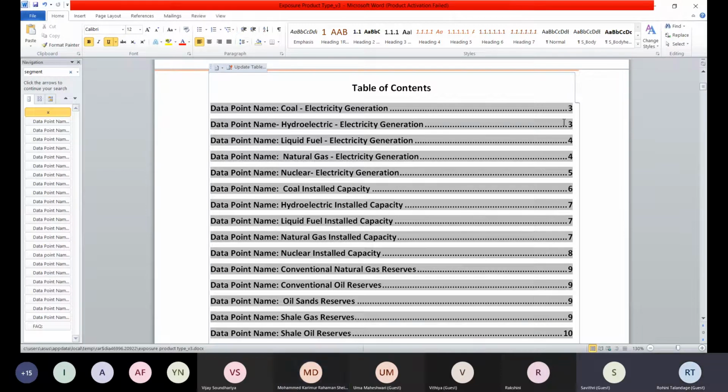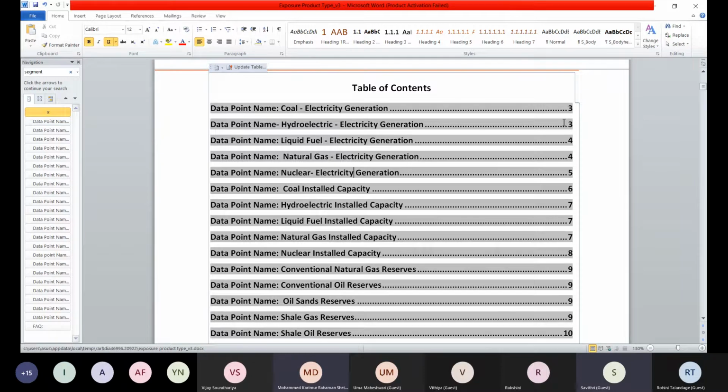This is the concept of this data point. If the company you are processing is an electricity generation company, then you check whether the generation data is disclosed in that report or not.